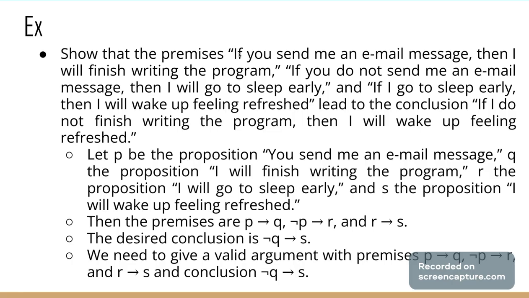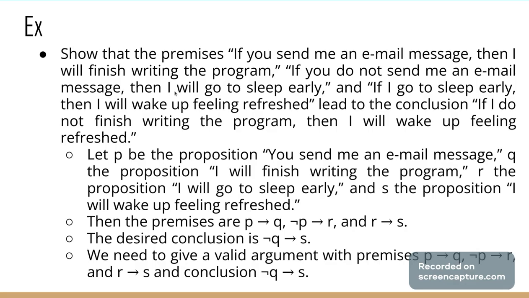Okay, now let's look at the first statement. If you send me an email message, so let P be you send me an email message. Okay, and let Q be I will finish writing the program. The first part of the second premise is just the negative of P, so we don't need to represent this again.